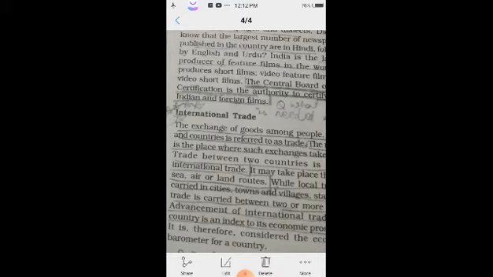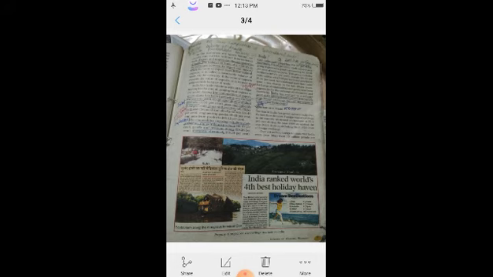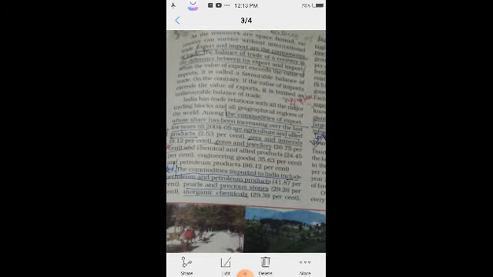As the resources are space bound, no country can survive without international trade.